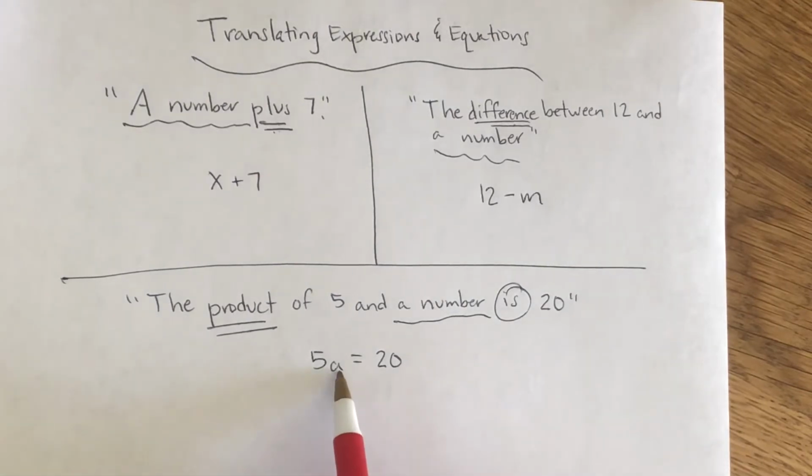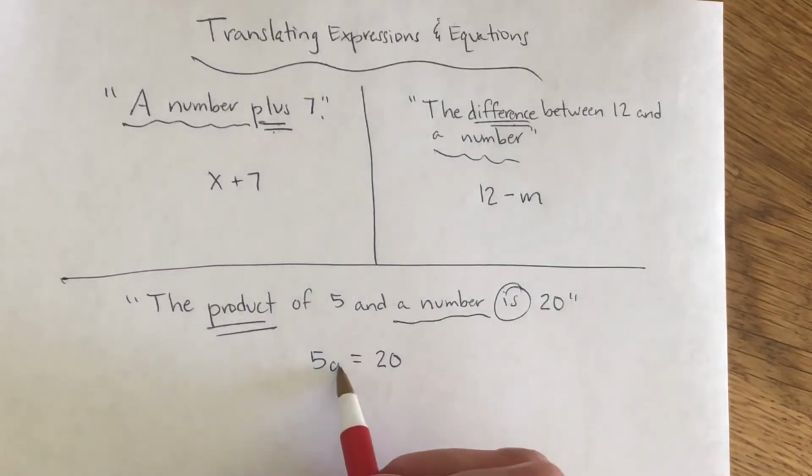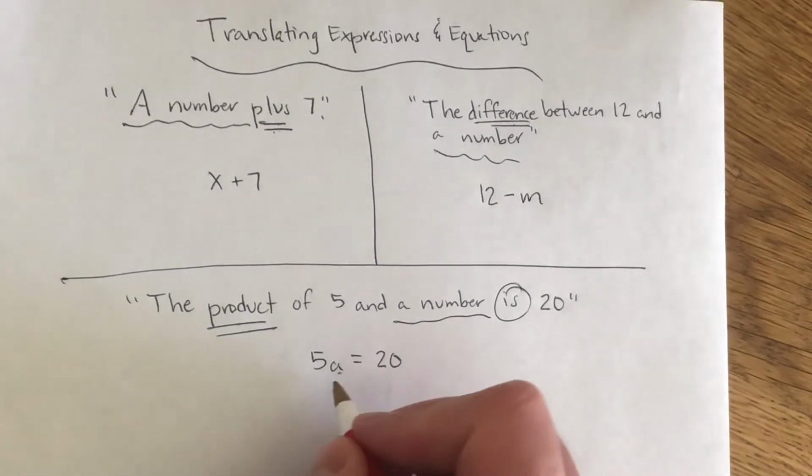So now obviously we have a one-step equation here. Our goal is to figure out what this unknown number a is. So we have to undo everything that's happening to it. So ask yourself the question, all right, what's happening to this a? Well, this a is being multiplied by 5. So the way to undo that is you do the opposite or inverse operation. The opposite of multiplying by 5 is you divide by 5.